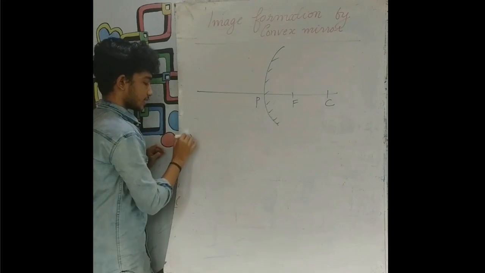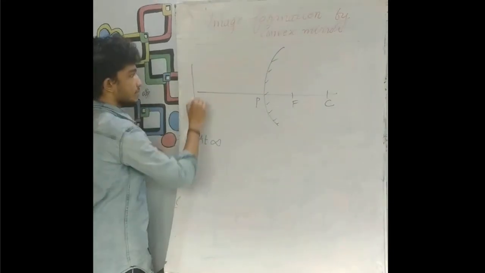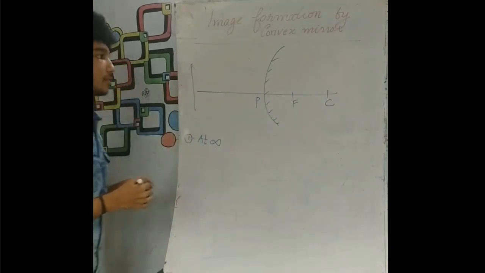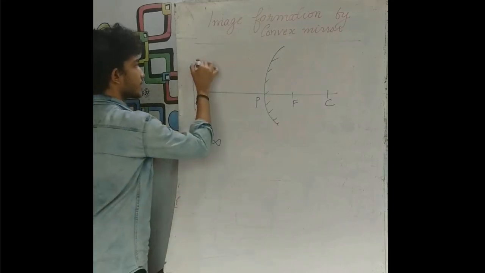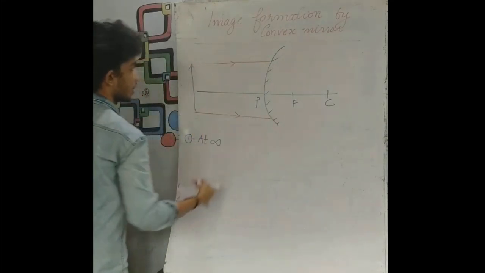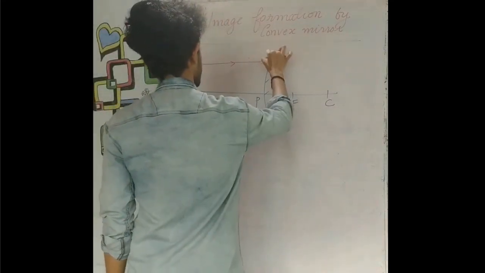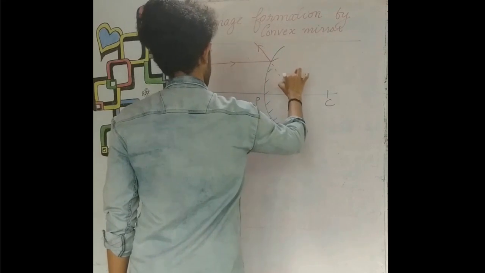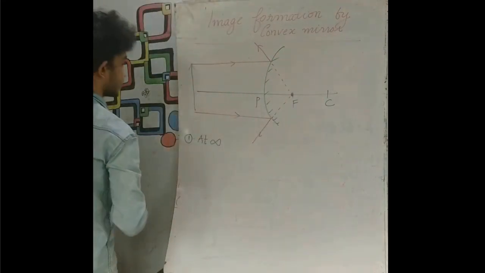First let us place the object at infinity. If the object is placed at infinity, what about the image? Let us take two rays parallel to the principal axis. After reflection, what happens? These two rays diverge, and on extending, we can make these rays meet at the focus.